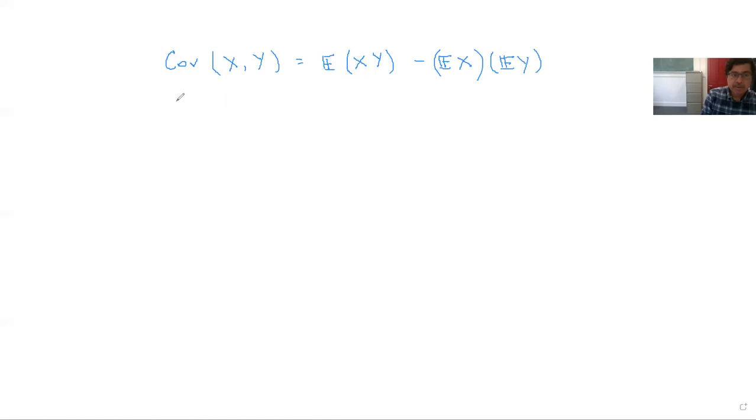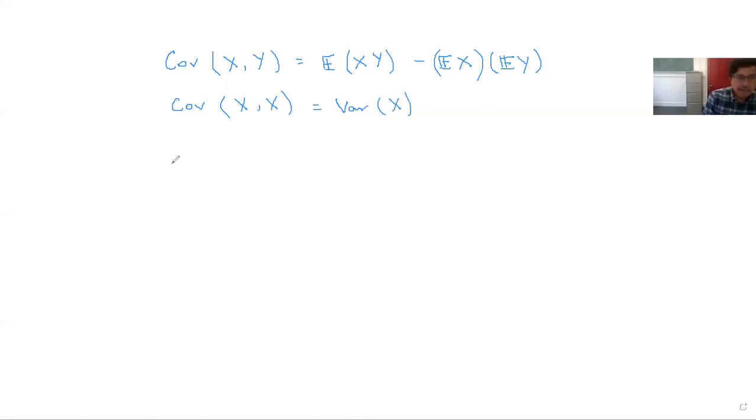Okay, and in particular, the covariance of a random variable with itself, if you check this definition, is the expectation of x squared minus the squared expectation of x, and that's the variance of x.